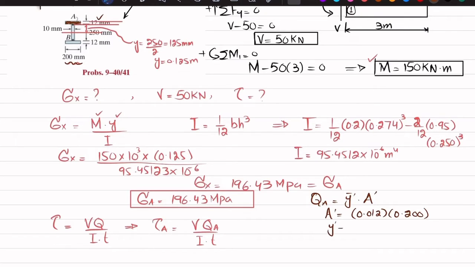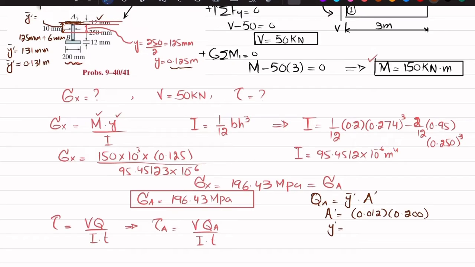And Y dash will be equal to distance from neutral axis till the mid of this section. So this is Y dash bar, and this is equal to this distance, which is 0.125, and the half of this 12 millimeter. So this distance is 125 millimeter plus 6 millimeter. So it will be 131 millimeter Y dash bar, and that is 0.131 meter.